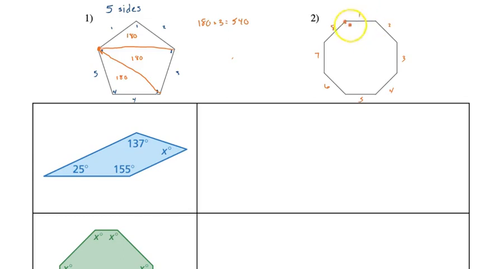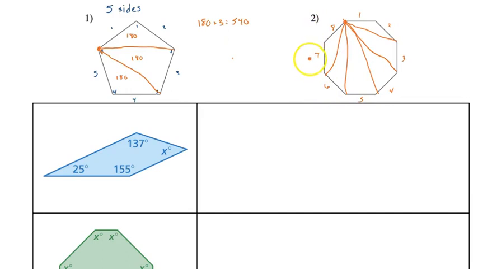Here's the line that's already been made for me. But I'm going to go ahead and draw a line to here. I'm going to draw a line to here. I'm going to draw a line down to here. Another line here. And I've got one more to draw because that last one's already been drawn for me.